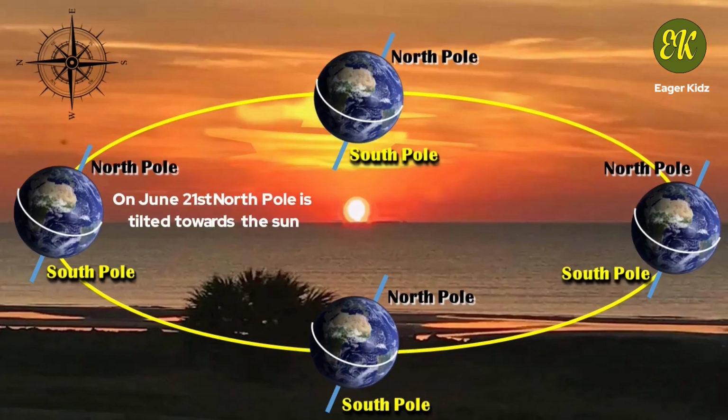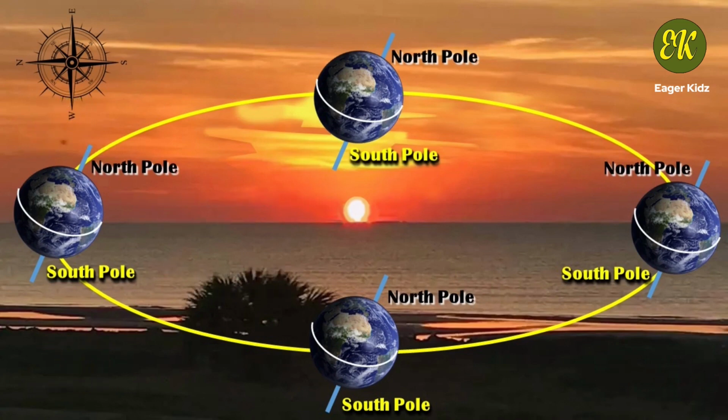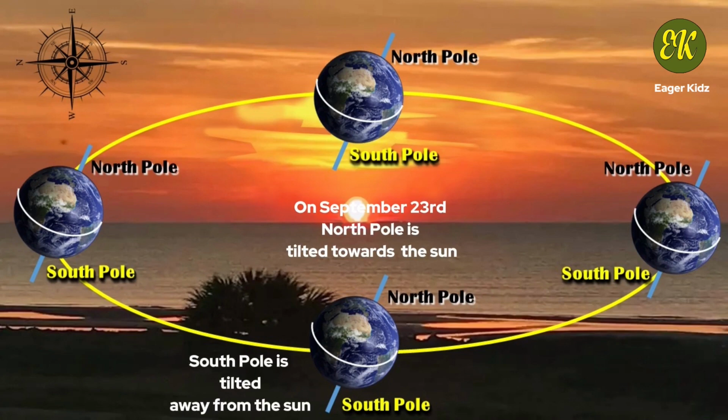On June 21st, North Pole is tilted towards the sun and the South Pole is tilted away from the sun. So the Northern Hemisphere experiences summer season, whereas the Southern Hemisphere experiences winter season. On September 23rd, North Pole is tilted towards the sun and the South Pole is tilted away from the sun.